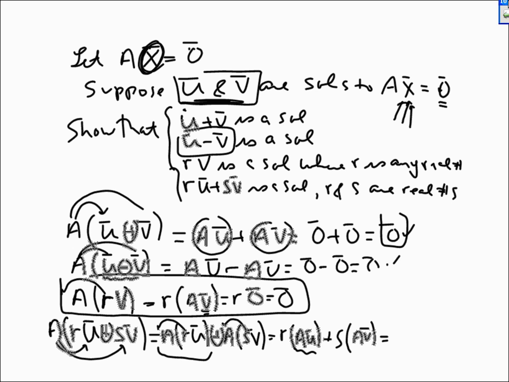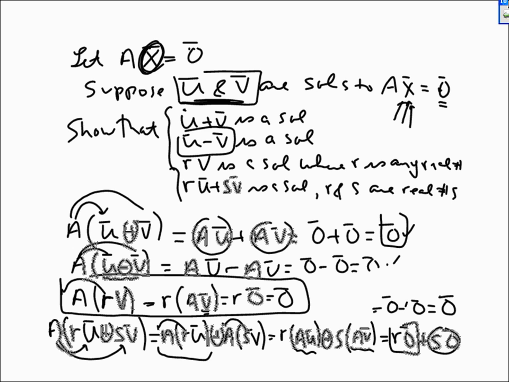But Au is 0, because u is a solution. You get r times the 0 vector, plus s times Av. But v is a solution to the very top equation, AX equals 0. So Av is 0. And r times the 0 vector is a 0 vector, plus another 0 vector.